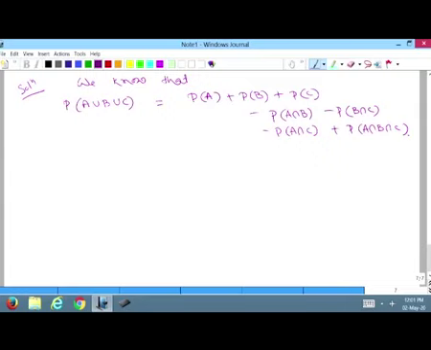It is given that this is greater than or equal to 0.75, and it is obvious that it is less than or equal to 1.